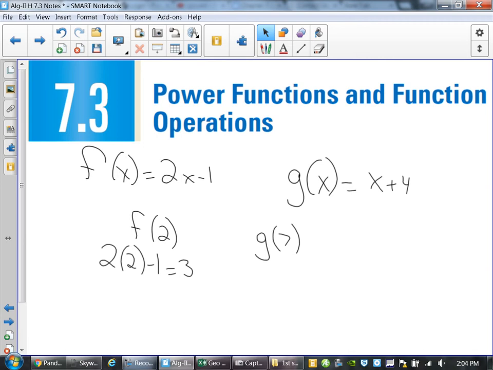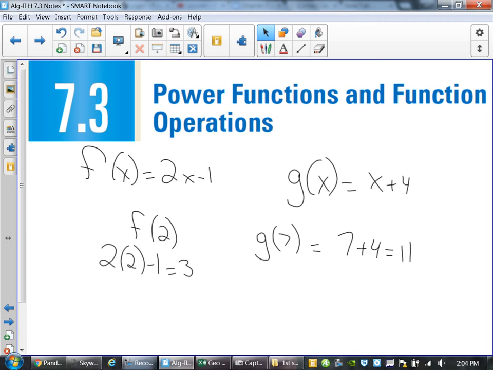Same thing that you would do with the g. g of 7 tells you to look at which equation? The one with the g. It's nice to know your alphabet from time to time. And g of 7 would be 11.